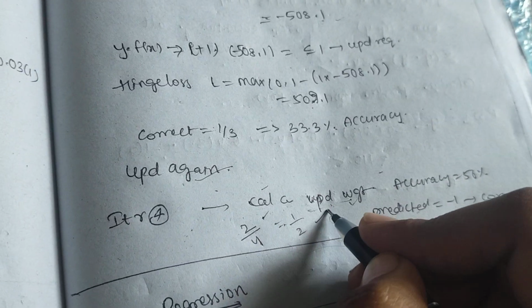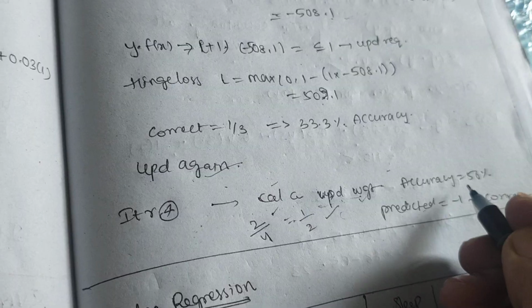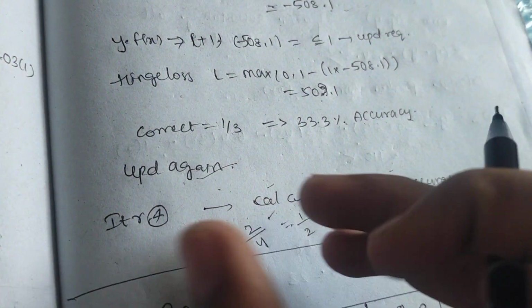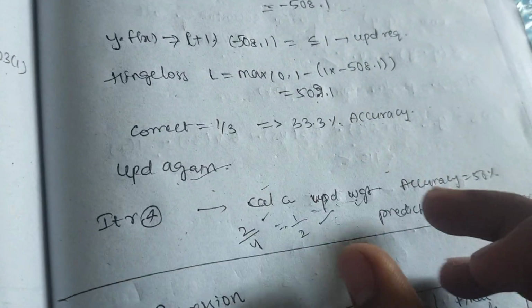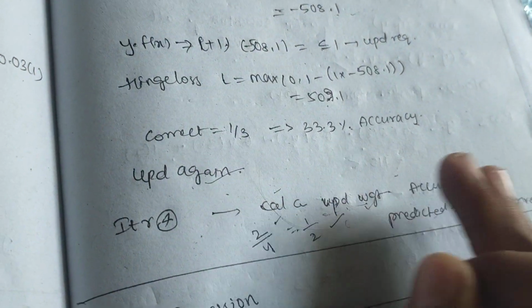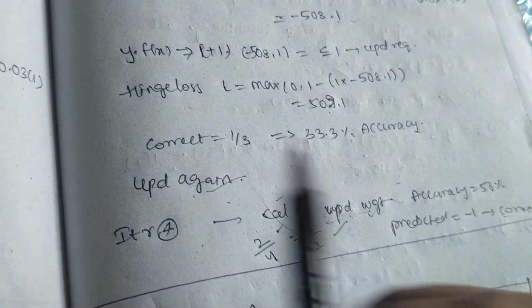So again it is 50% accuracy. Once we go through iteration 4, the prediction will match the actual value and we'll get 50% accuracy.